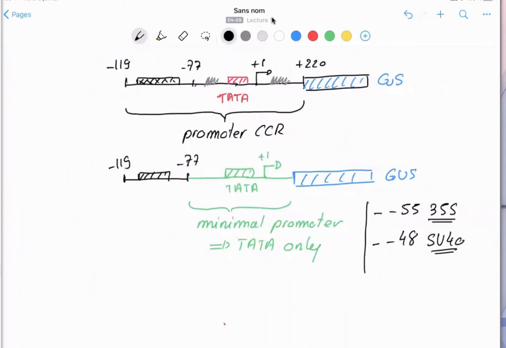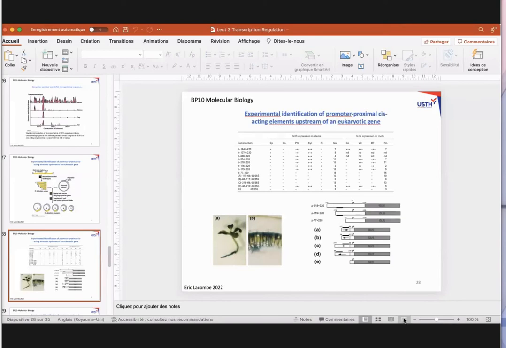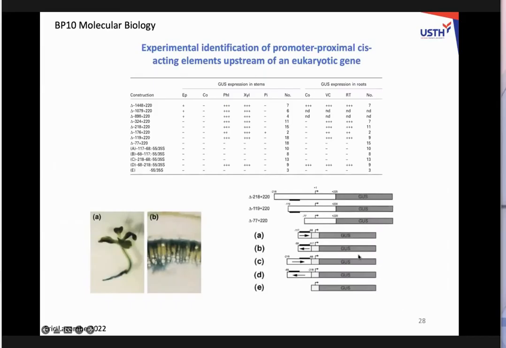Okay, so I go back and we're going to share the rest of the slides. So, okay, now you see the slide. So we go back because this figure is very dense and there is plenty of information in that. So all the first lines of the table, we analyzed them. And this is the top of those drawings.